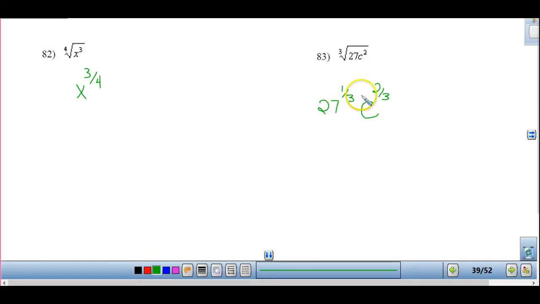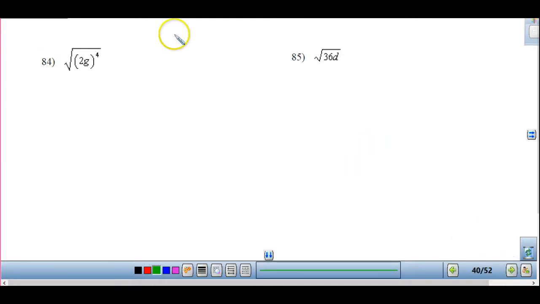If in your calculator you take 27 to the 1/3 power, you're going to get 3, and then we have 3c to the 2/3. Okay, this one's in parentheses, so we've got 2g to the 4 over, remember if there's nothing out here it's a 2, which gives us 2g squared.